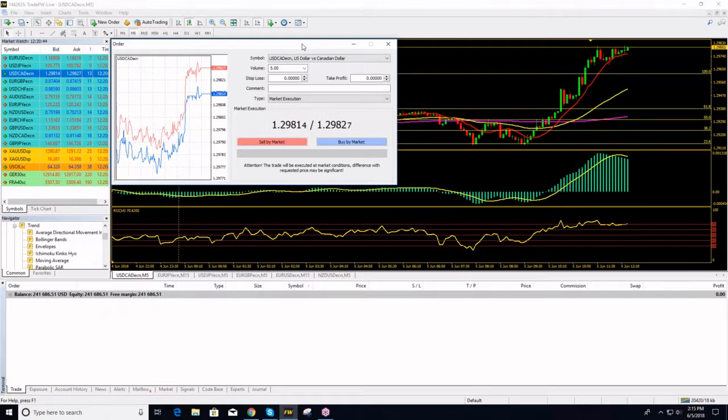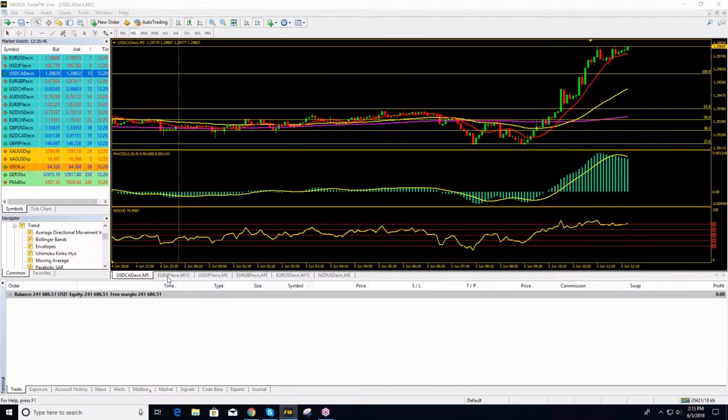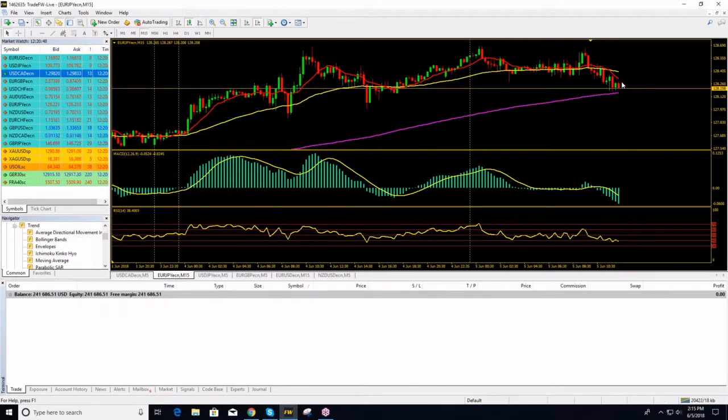Let's check on the other pairs as well, maybe any of them filled our setup. Now Euro Yen, we want on the 15-minute chart to break below all MAs, and the RSI to cut below 30 and then above 30. So we wait first of all for the price on the 15-minute chart to break below all MAs.